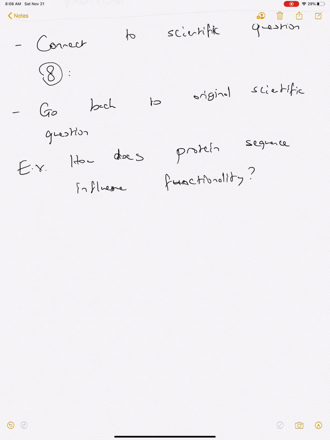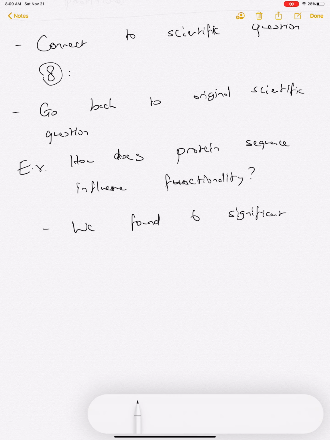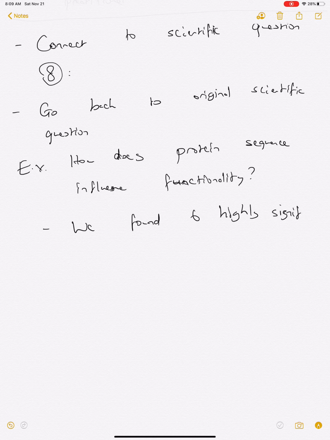And so if we want to address that question scientifically, we can say that we found six, or I should say six highly significant, sequence positions, and those are listed in the previous lecture, and then also in the R code.